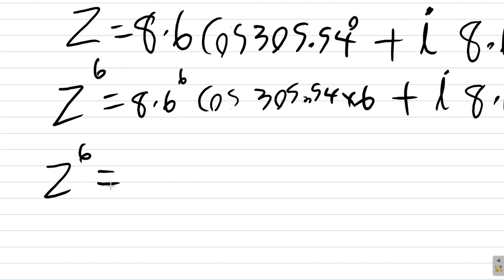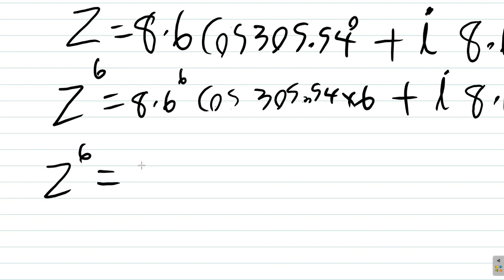You remember how to find a number to a power on a calculator? You have x to the y on some calculators. So you press 8.6, press this button and then 6. Some calculators have this for you to press. So what would we have?